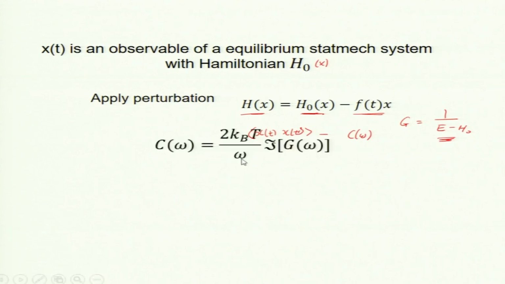The statement is that C of omega, the correlation function of x, which is x omega times x star omega, is connected with the Green's function. This is a fluctuation and there is a dissipation in the Green's function, and the proportionality constant is 2 kBT by omega, where T is the temperature and omega is the frequency.